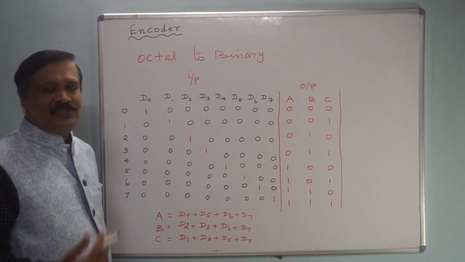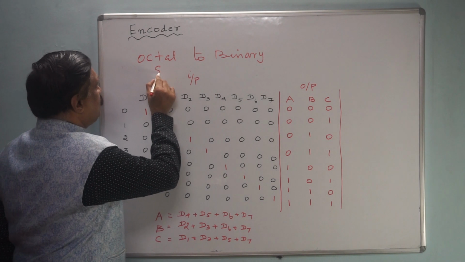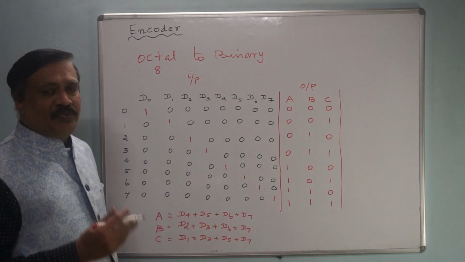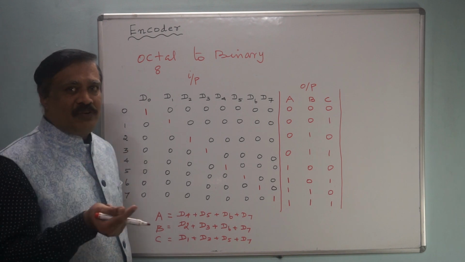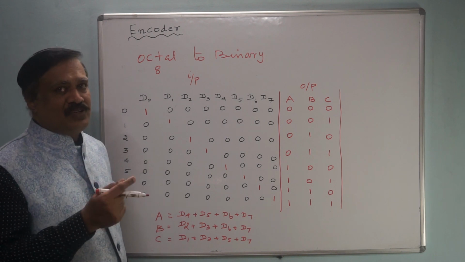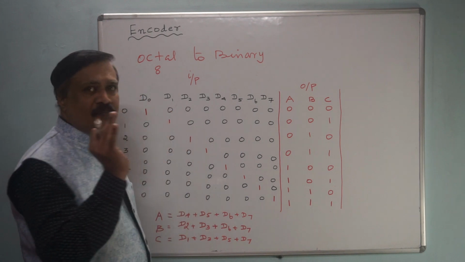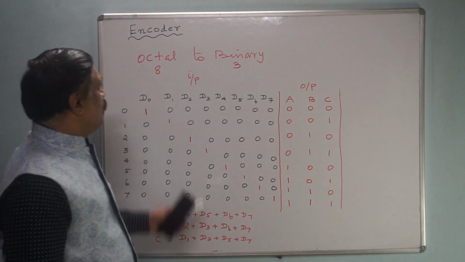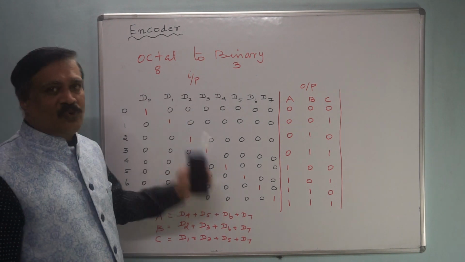Octal means 8. Binary means, here octal to binary, that means 0 to 7. 0 to 7 means 8. That means we require 3 variables. Therefore it is 8 to 3 encoder.